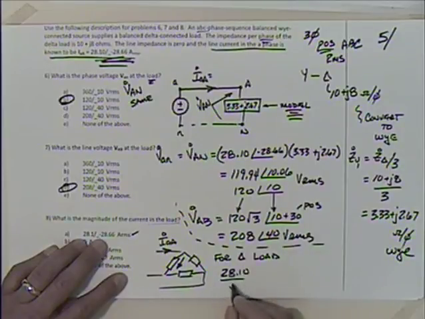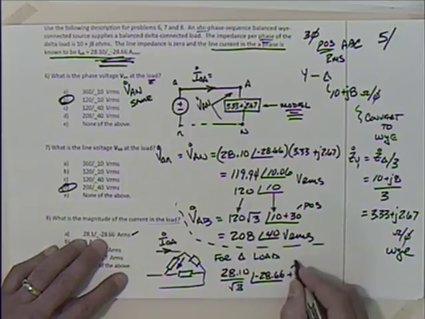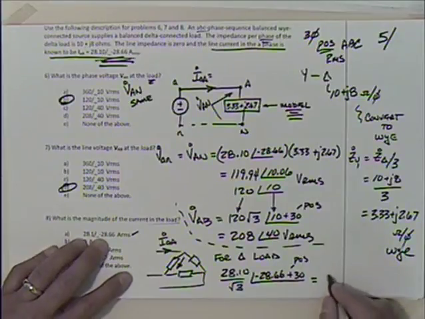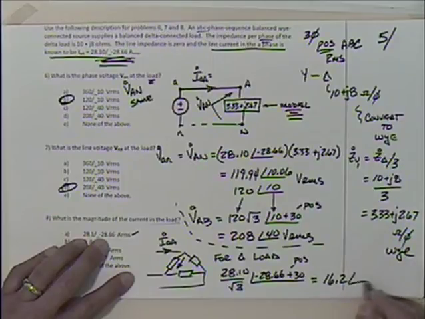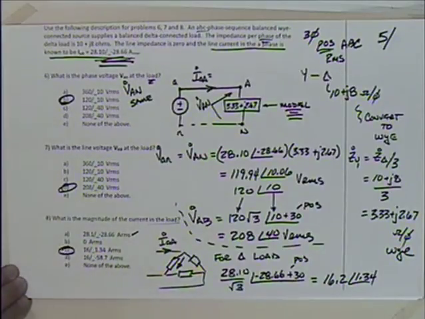I'd have to divide that by the square root of 3, and then as far as the angle goes, minus 28.66, I'd have to add 30 because it's positive phase sequence, and that turns out to be 16.2 at 1.34. Do I have that answer? Yeah, right there, answer C.